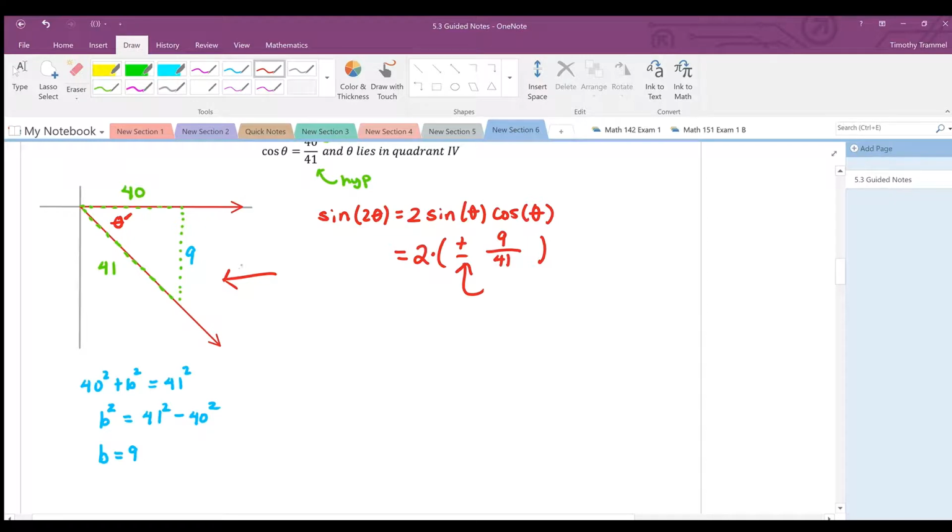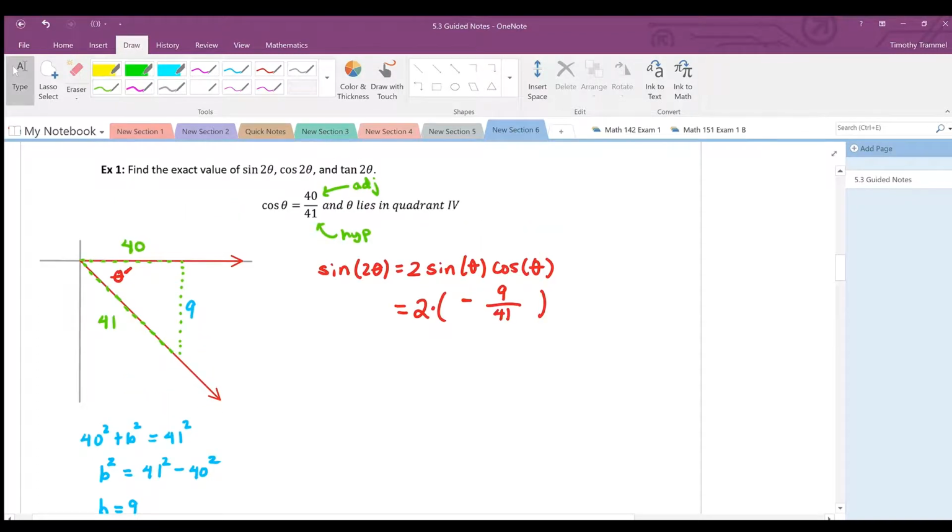Sine of theta is the y value on the unit circle. Okay. So I'm going to put in a negative here. And then we have cosine of theta. And we actually already know cosine of theta. It is 40 over 41. And if we multiply all this together, we end up with this fraction here, minus 720 over 1,681.